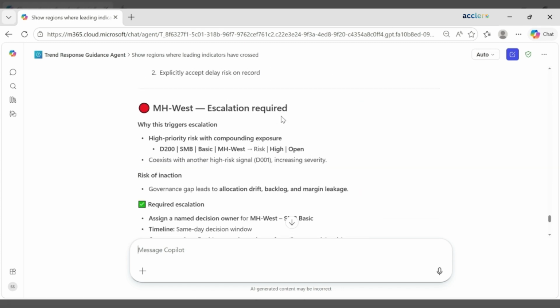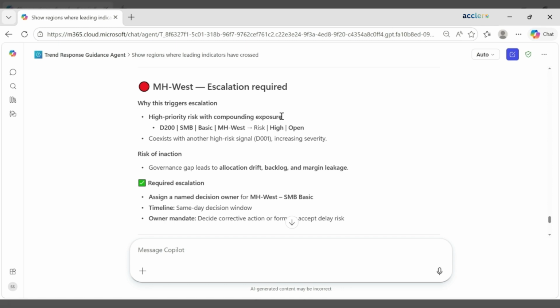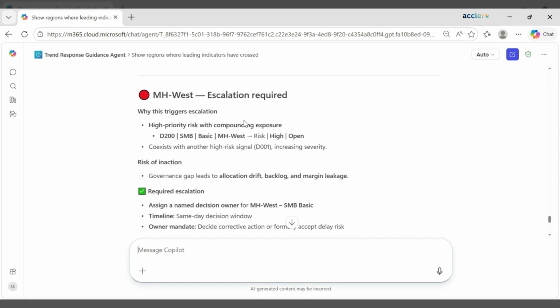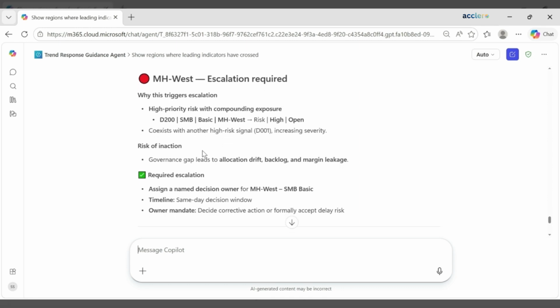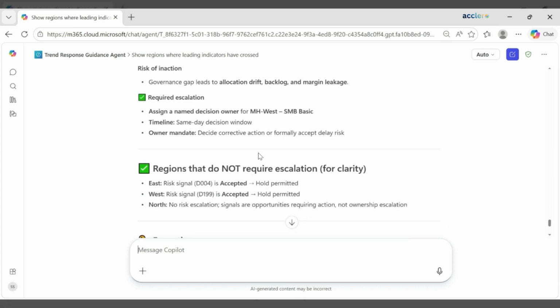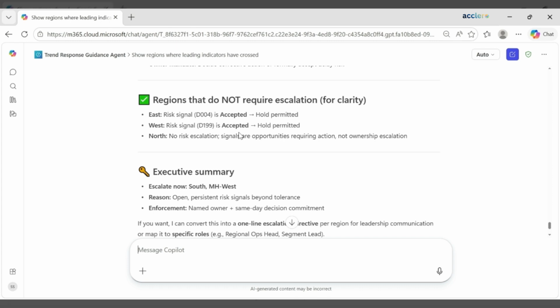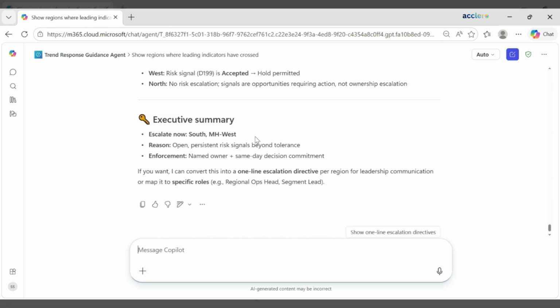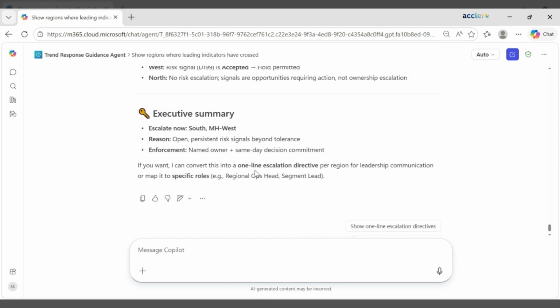So MH West and South require escalation, and the agent will clearly assign accountability and a timeline. The regions that do not require escalation are East, West, and North. This eliminates the common failure where everyone sees the issue but no one owns the decision.